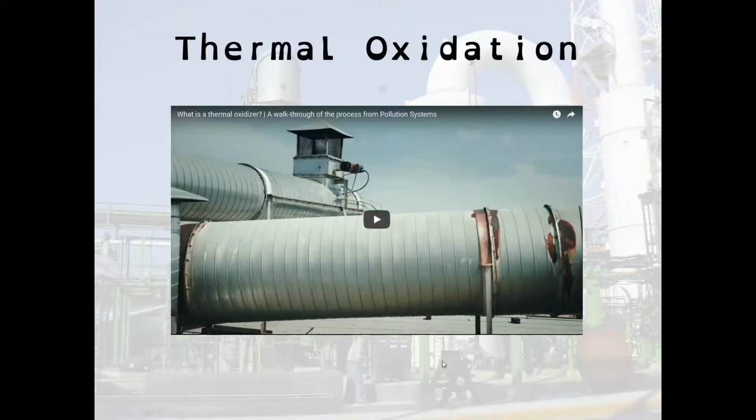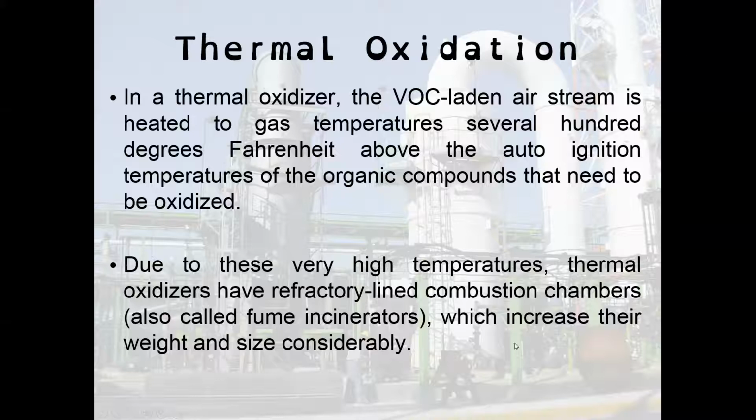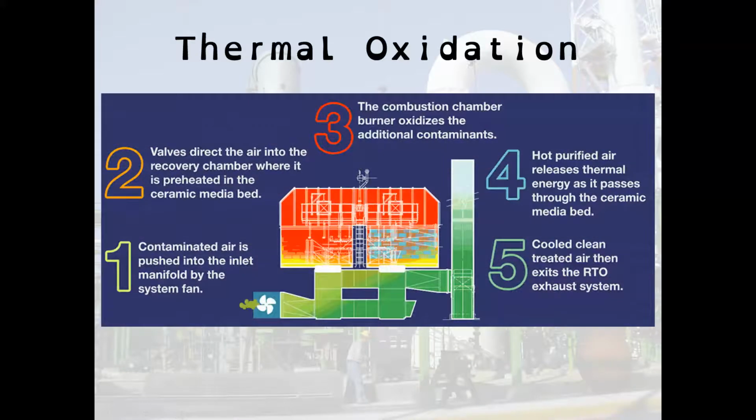So when we talk about thermal oxidation, if you've watched the video, then you'll know that essentially how this process works is you have the airstream that flows in. It's literally just heated, and then once it's cooled, it's released out to the atmosphere. So we're burning off those volatile organic compounds in a controlled system at very, very high heat, and then released out.